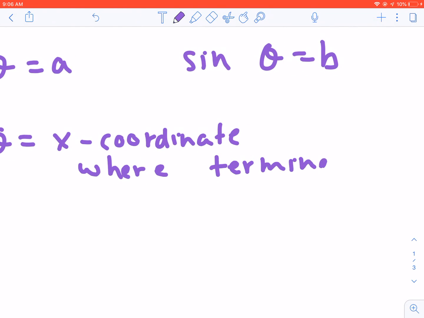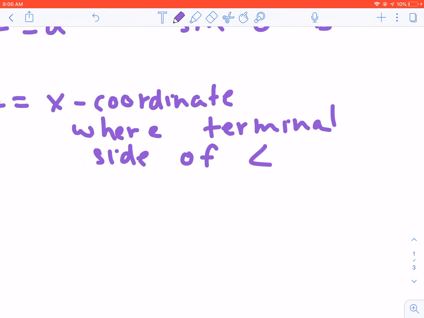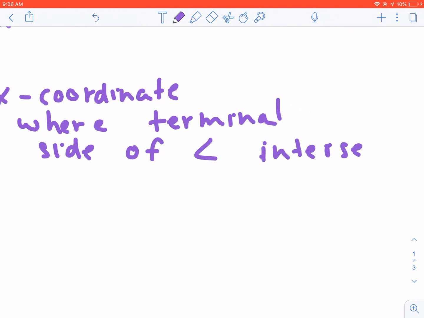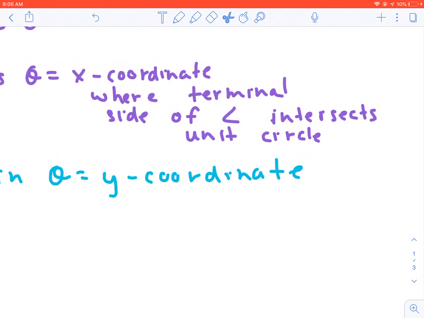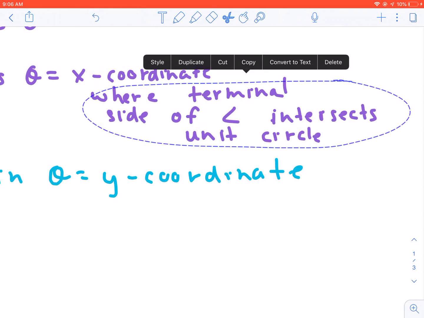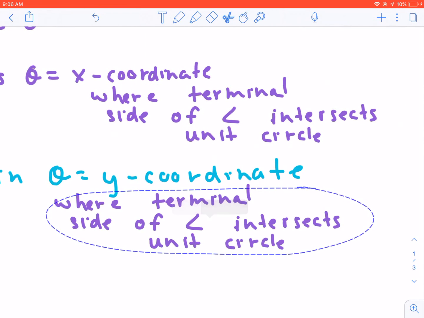Alright, sine of theta was the y-coordinate. So I'm just gonna copy and paste this. And there we go.